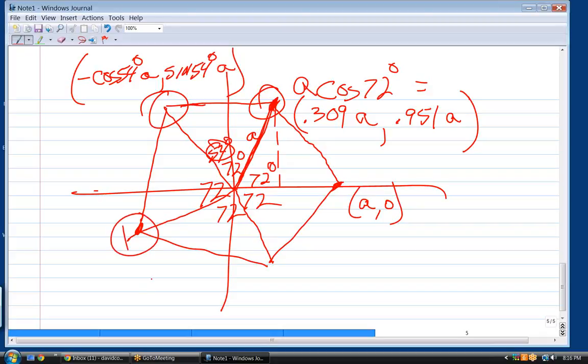For this coordinate down here, we need this angle. What's that angle? Add up the three 72s and subtract 180 from that.